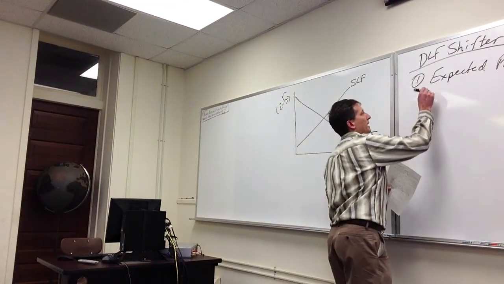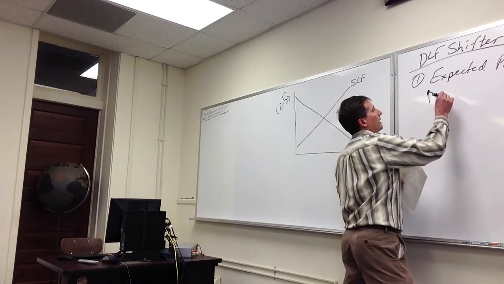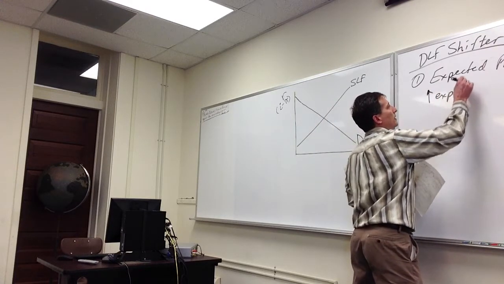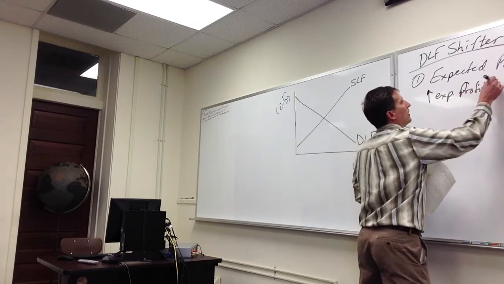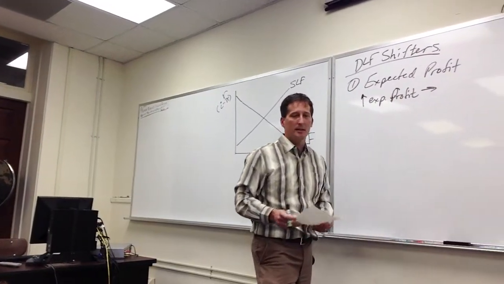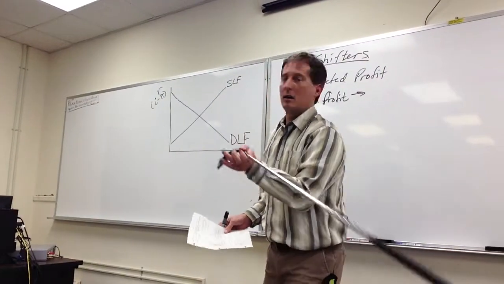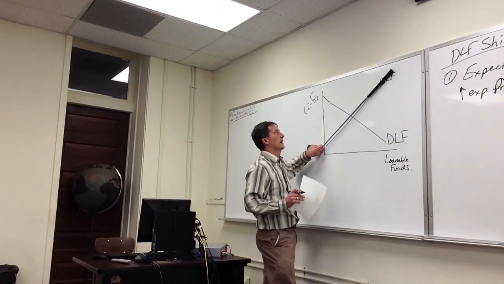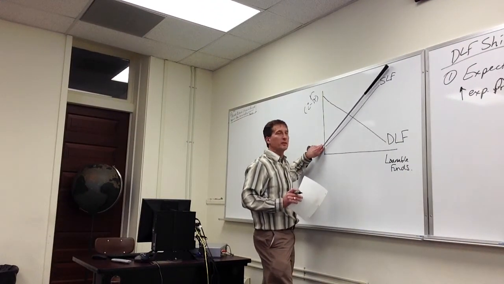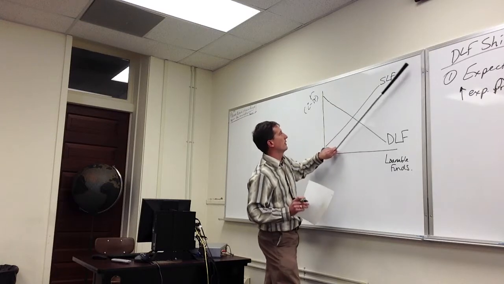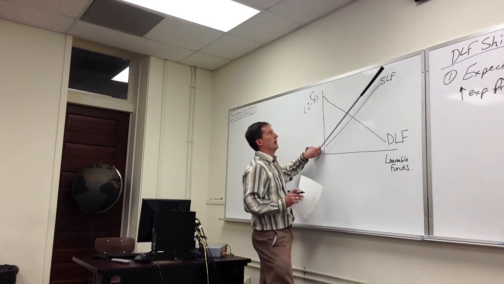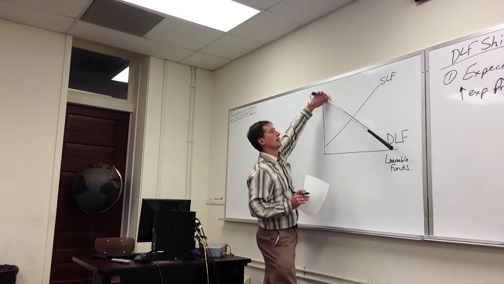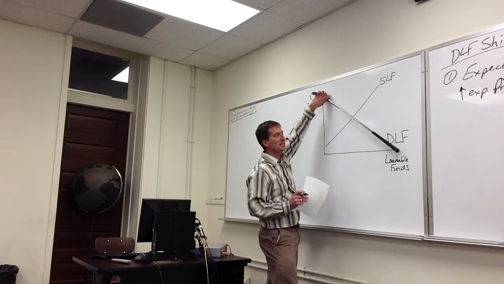So if there's an increase in expected profits, how is this curve or line, this DLF curve, going to move? Is it going to move this direction or this direction? I keep going up to supply for some reason. My brain is not working.